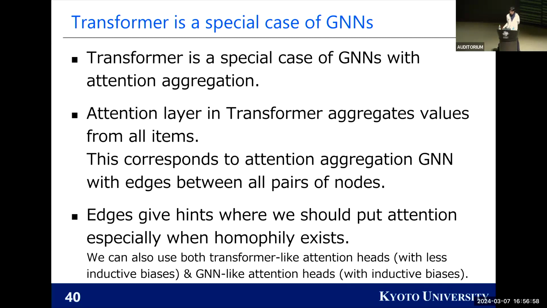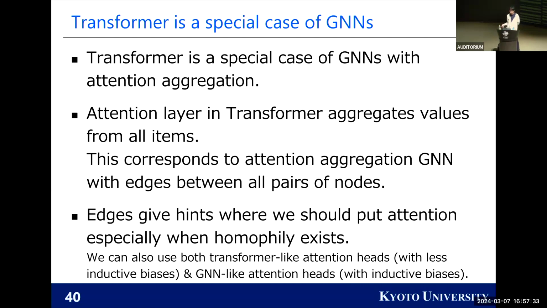We can also use both transformer-like attention heads and GNN-like attention heads and combine them. Transformer-like attention heads attend to all the tokens or all nodes, so there are fewer inductive biases and it can have high sample complexity, but if we have plenty of data, then it can be more flexible and can aggregate informative features from faraway nodes.